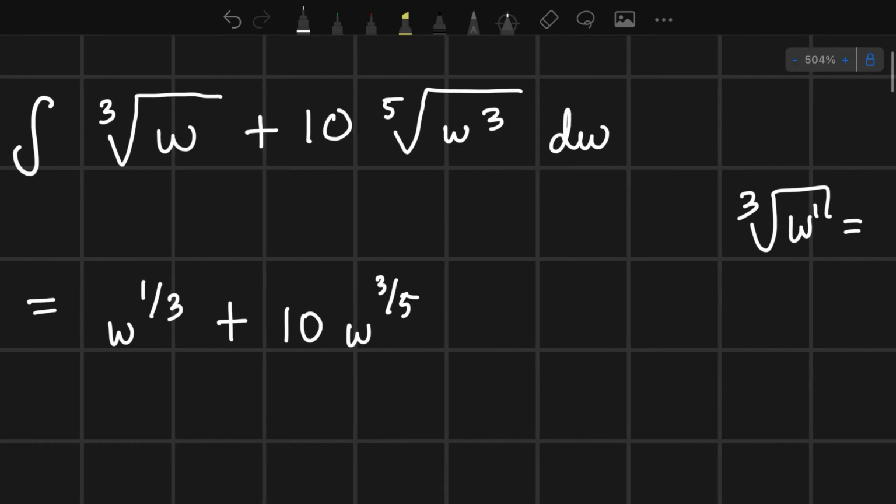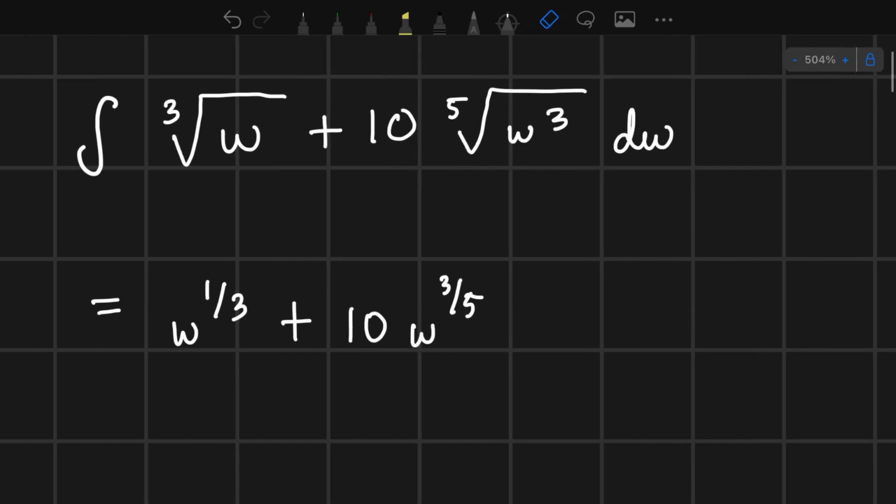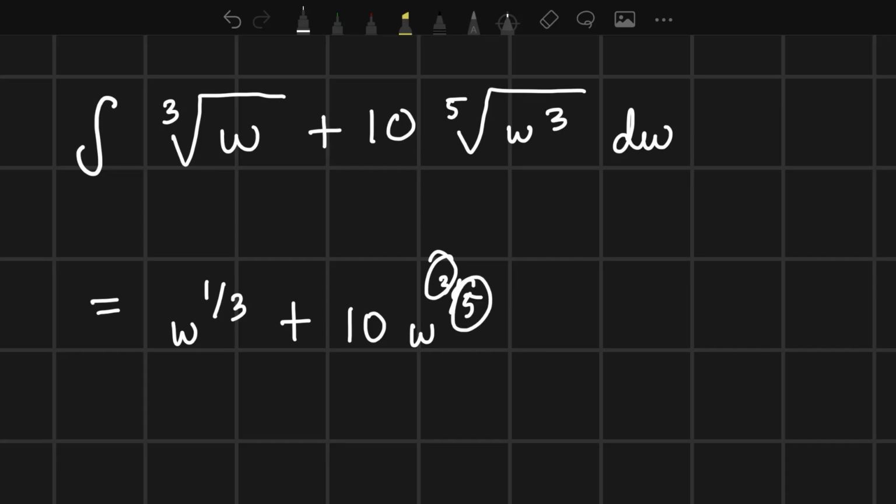That's the rule we're going to apply here too. We have the power here, which is 3, so we put that on top, and we have the 5th root, which goes at the bottom.